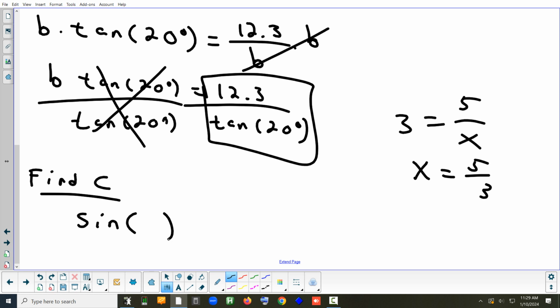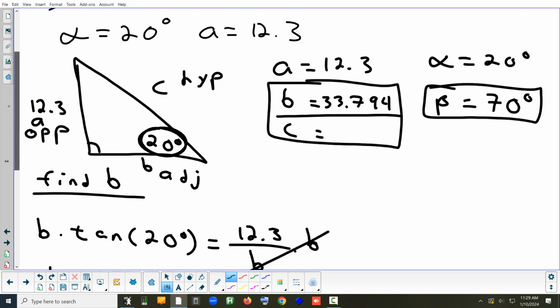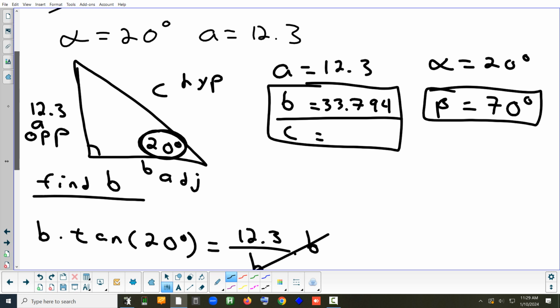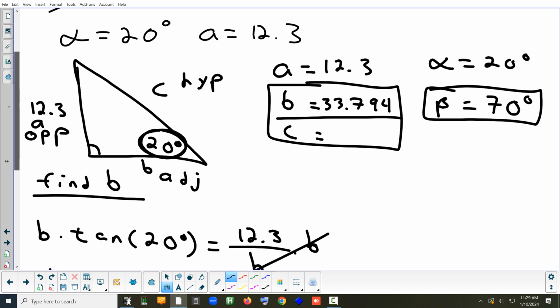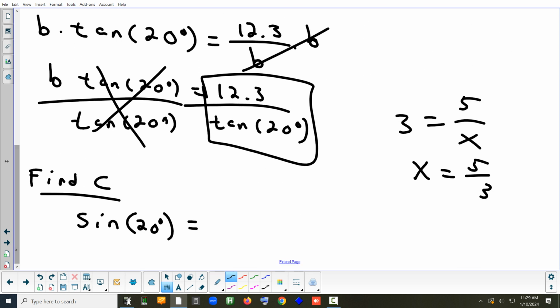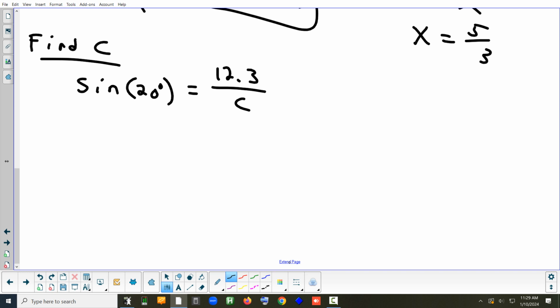So it's going to be the sine of, what am I going to fill in for my angle? 20 degrees, yep. And what's going to go on the other side? Yeah, that's 12.3 over C. This time, I'm just going to use the trick I showed you.